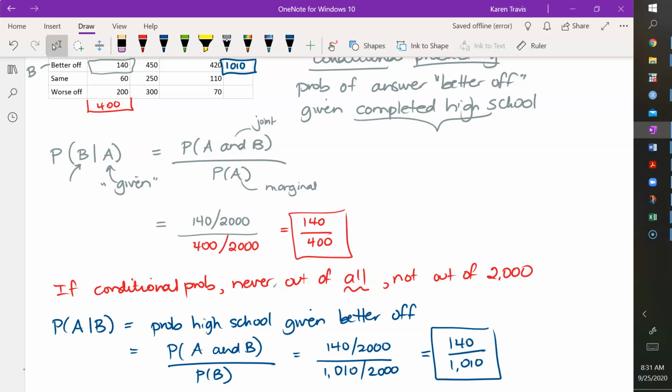So just to think about a completely different story without the numbers for a minute, the chance that it's raining given we're in Tacoma is different than the chance that we're in Tacoma given that it's raining.